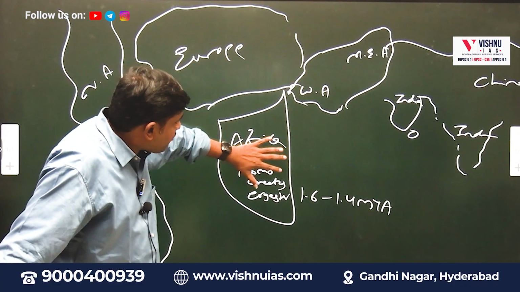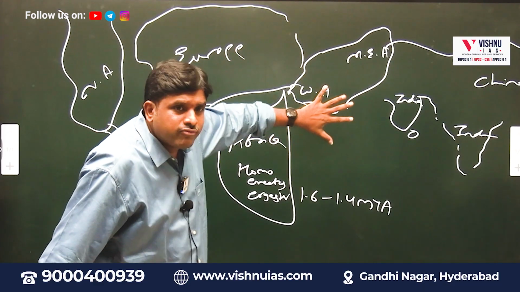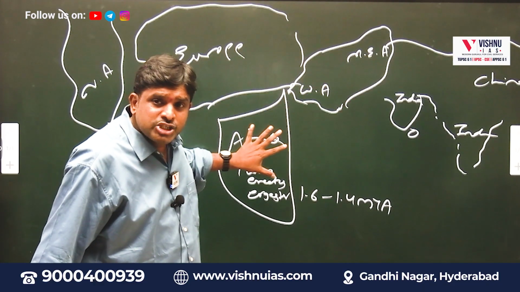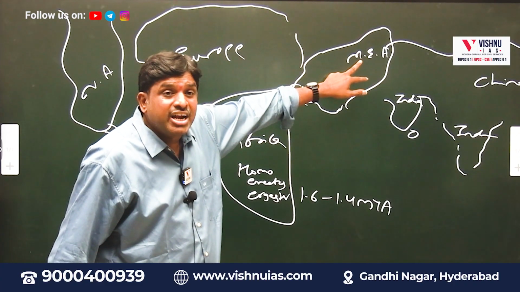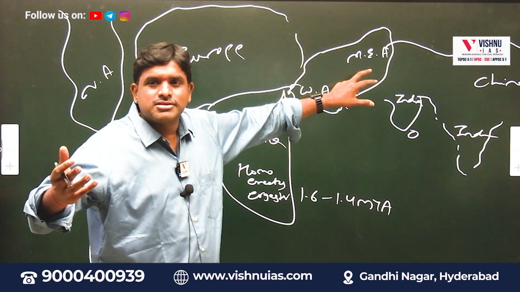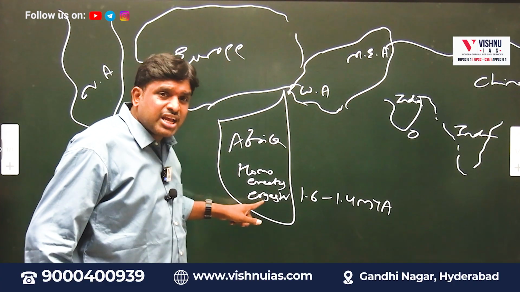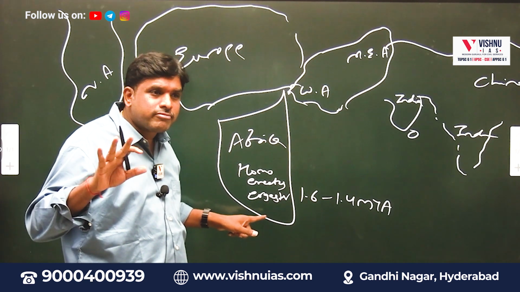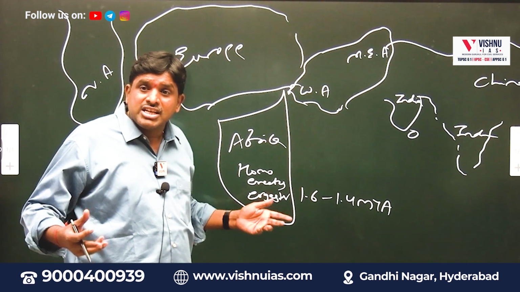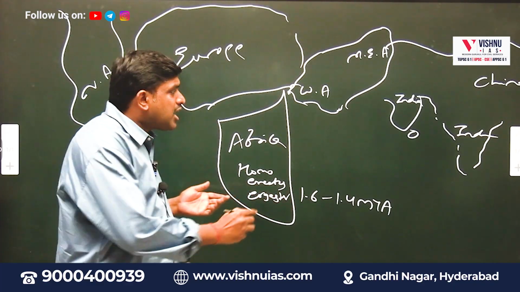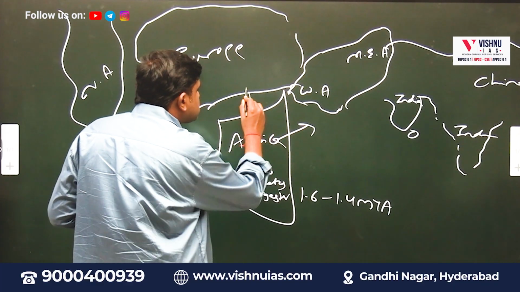The temperature in Africa, the temperature in West Asia, the temperature in Middle East Asia increased. So Homo erectus ergaster could not survive because the temperature had increased. So this man, in search of survival, started moving in all directions.